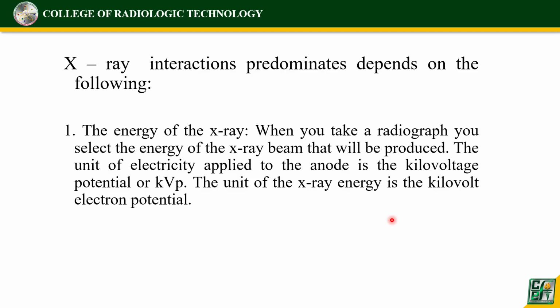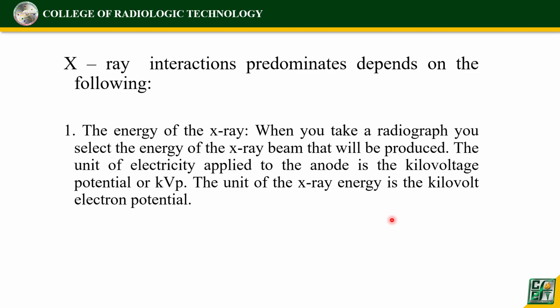So, X-ray interactions predominate depending on the following. These are the factors affecting X-ray interaction with matter. Number one, of course, is the energy of X-ray photons. When you take a radiograph, you select the energy of the X-ray beam.